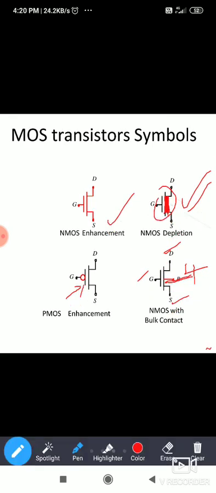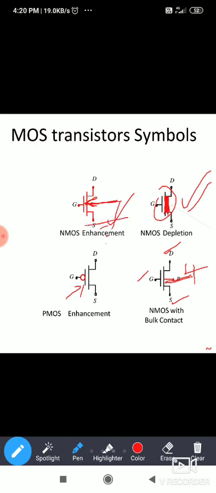Here bulk is just not shown here. This is also called the bulk or substrate connection. In NMOS transistors, this terminal is always connected to ground.